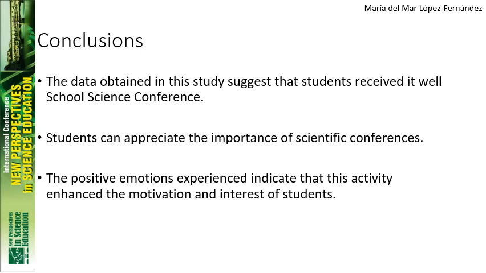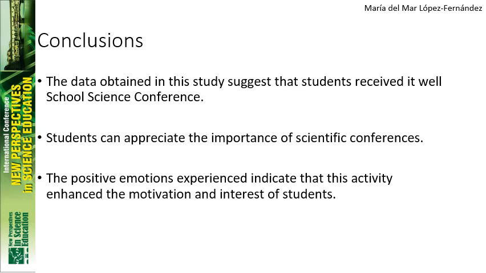The students improved their scientific expression by incorporating more technicalities in their speeches and using a more diverse and precise scientific vocabulary compared to previous presentations, because they were not acting like students. During the conference, they had the role of scientists, so they tried to express themselves as researchers.